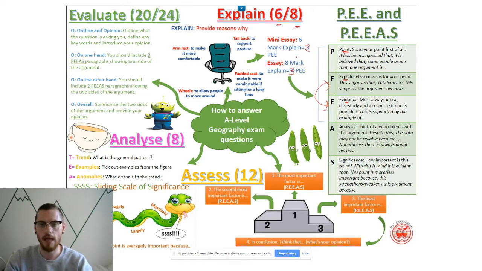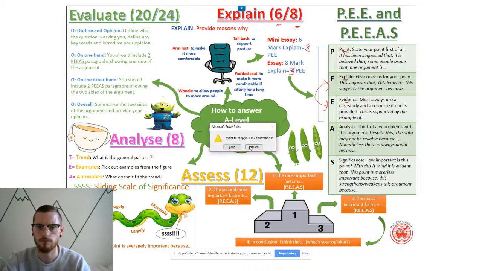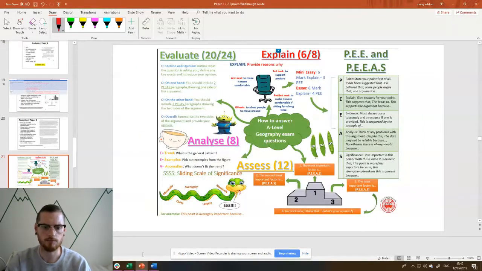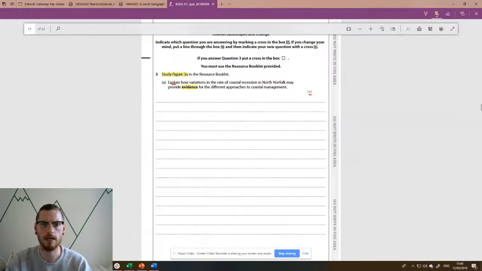But if you get an exam question and it says study figure 3A, and it uses the word evidence, at that point, when you go, oh, it's worth 6, I need 2 developed points: point, evidence, explain, point, evidence, explain.